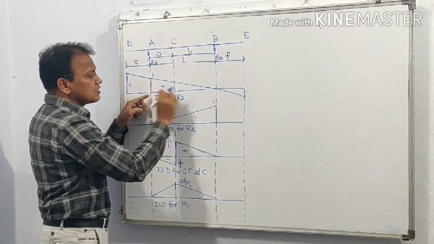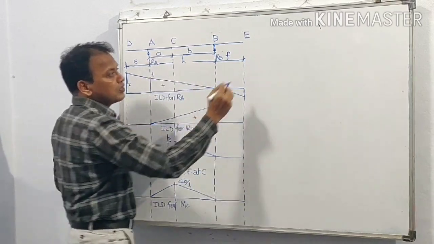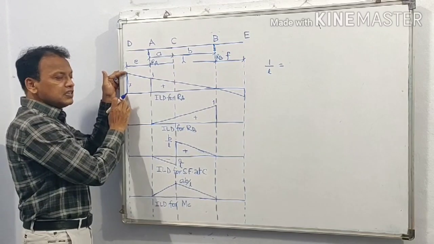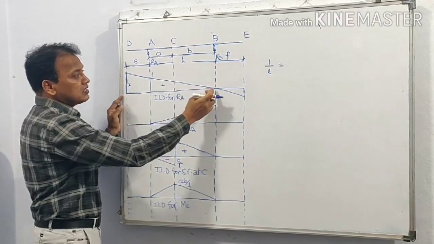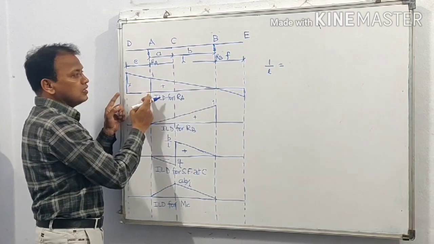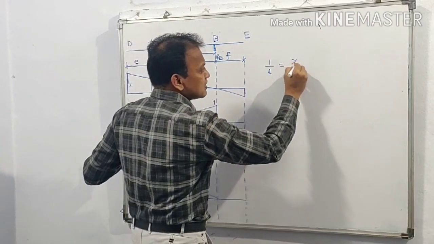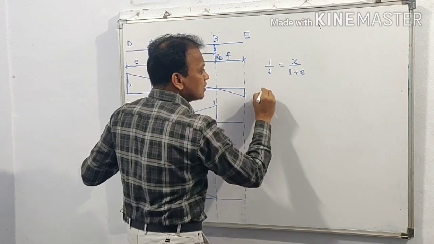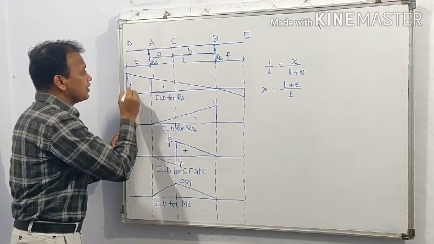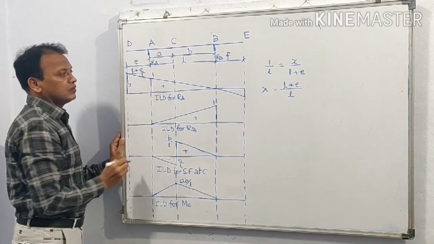So we are considering this triangle. 1 upon L, this dimension is L, A to B, is equal to x upon L plus E, the base of the triangle. Therefore x is equal to (L plus E) upon L. So we are getting this ordinate (L plus E) upon L.